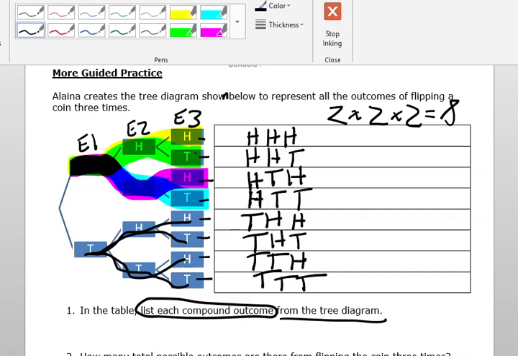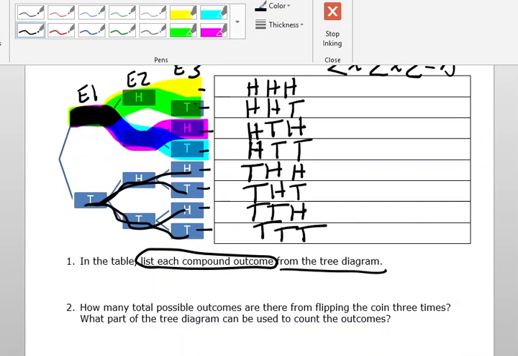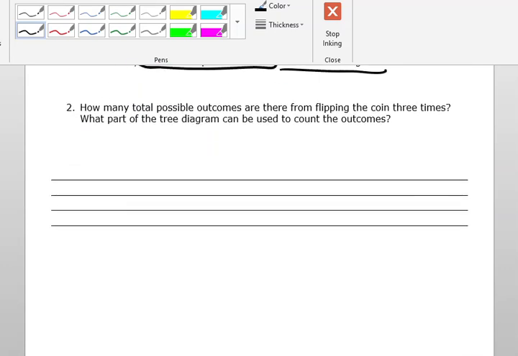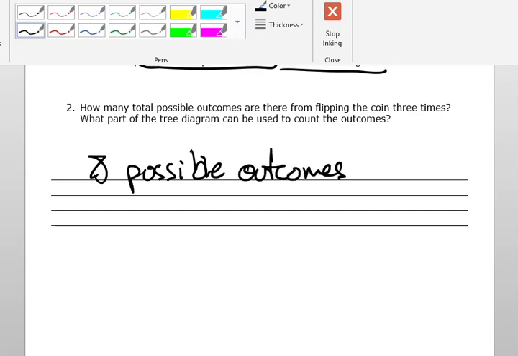So I get 8 possible outcomes, and I can use the product rule, or I can use the last branches of the tree diagram.